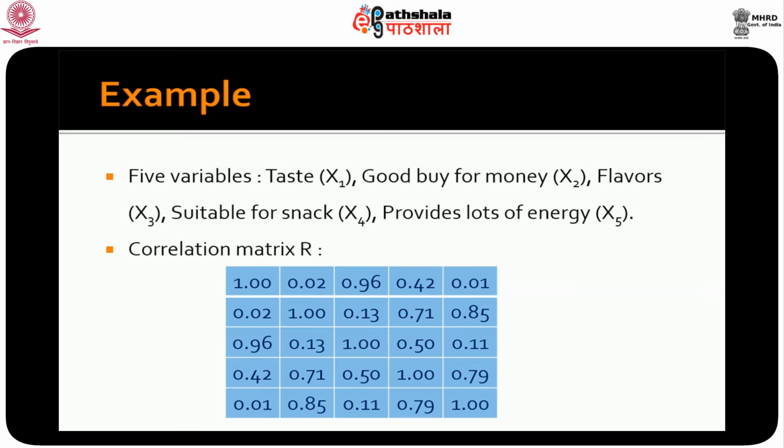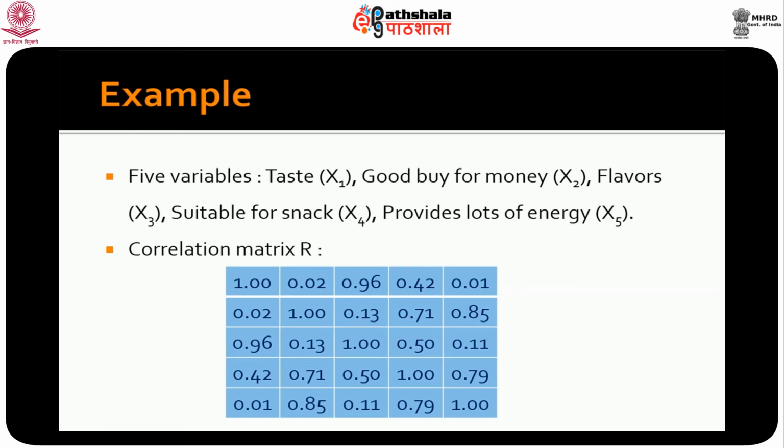And you get this correlation matrix. You can see that some of the variables are quite highly correlated, which leads us to believe that there must be some same underlying common factor among these variables. So we can try and do a factor analysis on this.